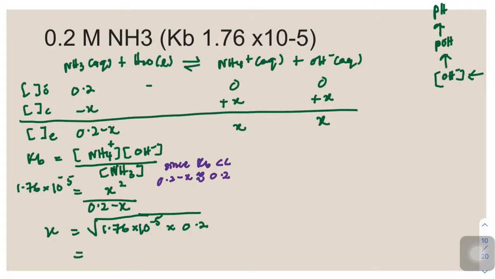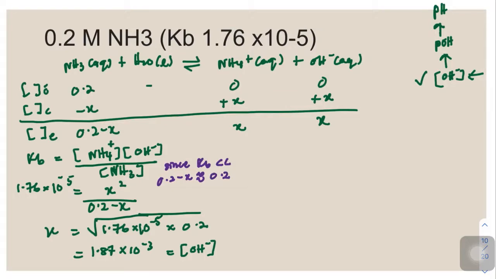The value of X is equal to 1.87 times 10 negative 3. So this value is actually the concentration of the hydroxide ion. So now we have solved the first step.